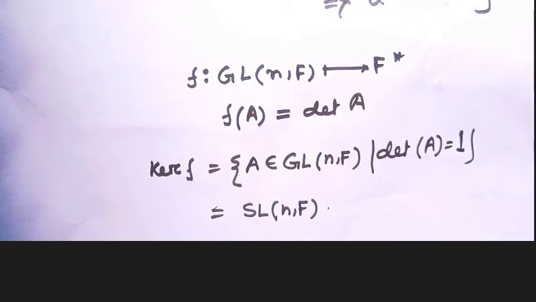f from GL n F to F star, where F star is the non-zero elements of the field, such that f of A equal to determinant of A. And I have shown in my previous video that this is an example of a homomorphism. What would be the kernel of f?